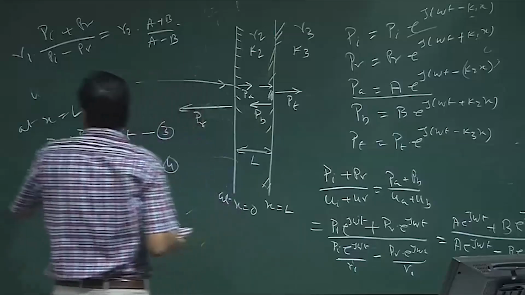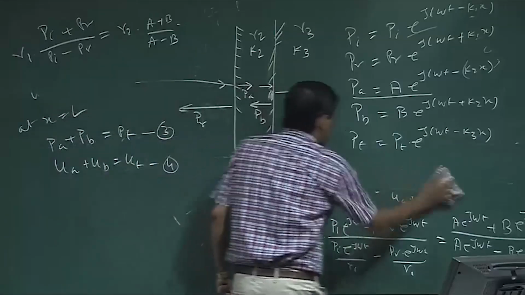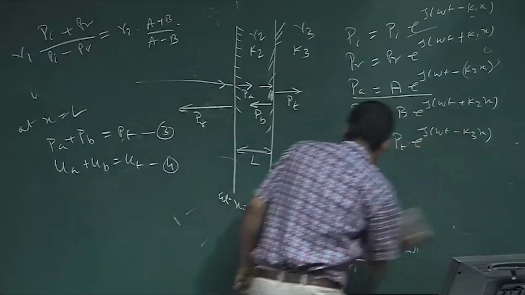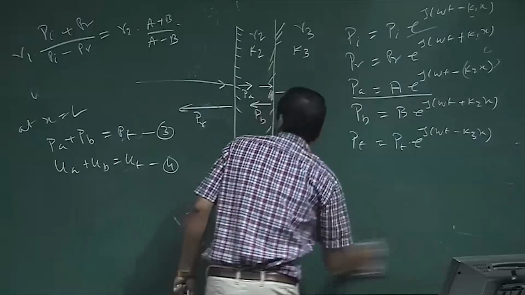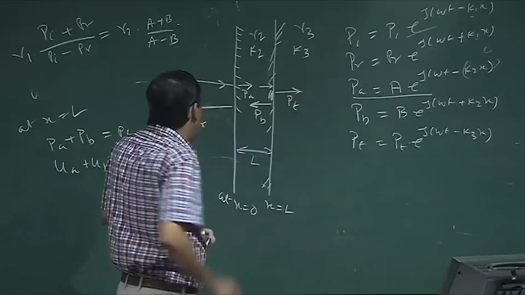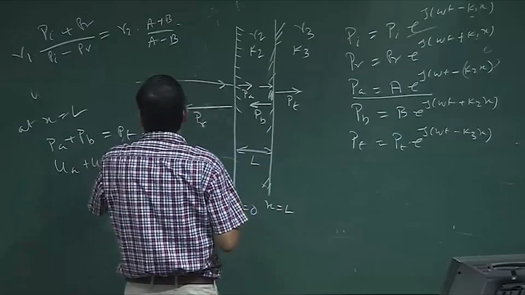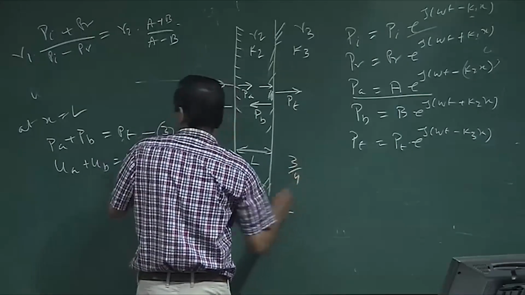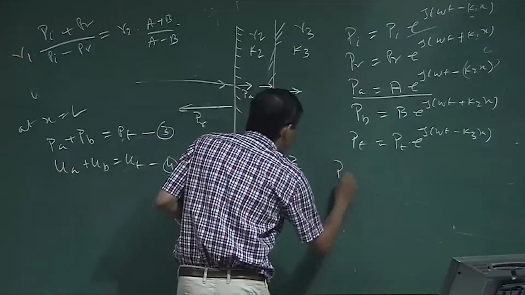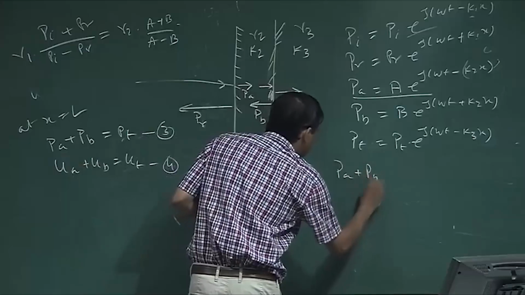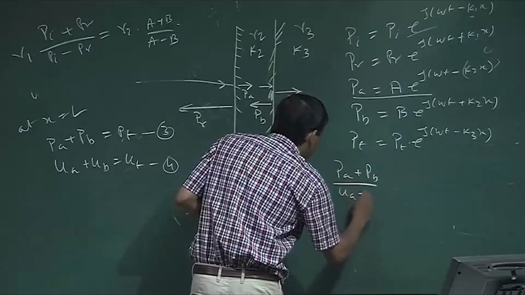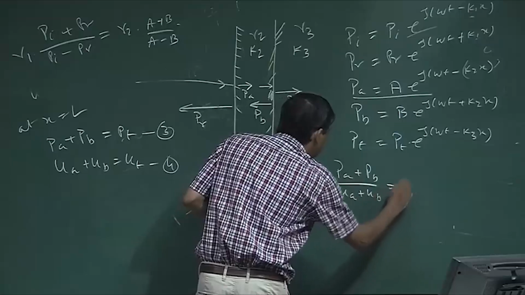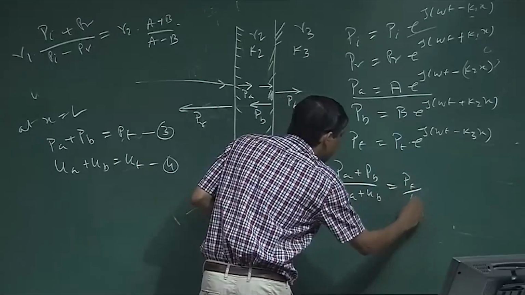Now, if I say at x equal to L, what will I get? At x equal to L, I take equation number 3 divided by 4. So I get Pa plus Pb divided by Ua plus Ub is equal to Pt by Ut.